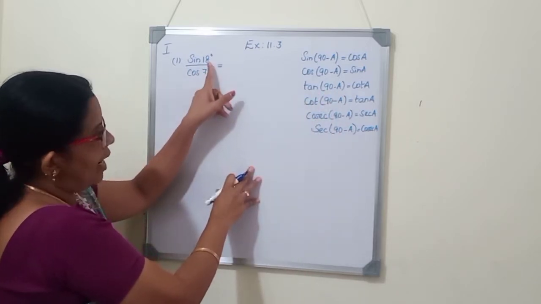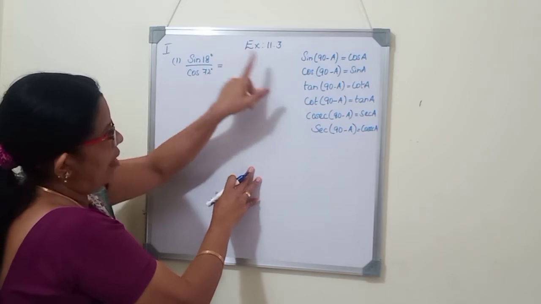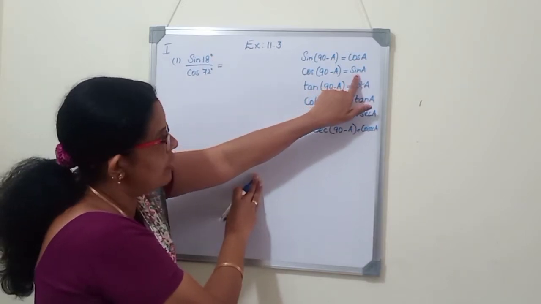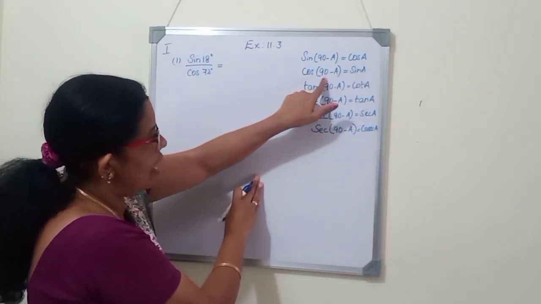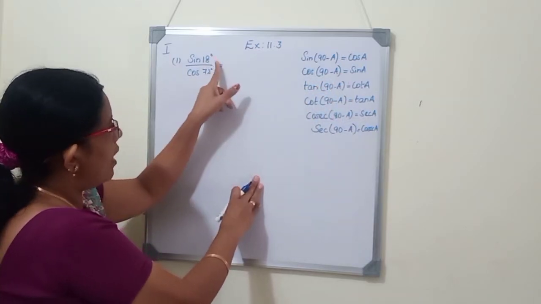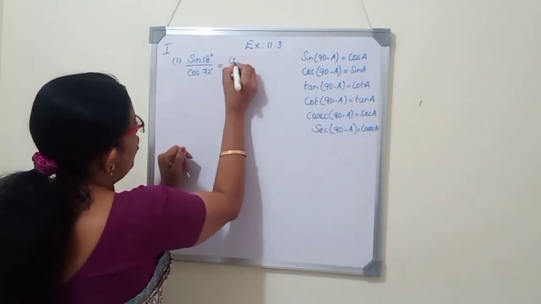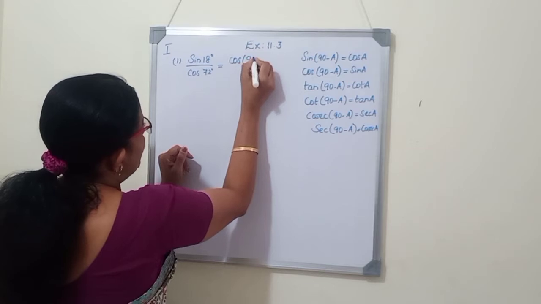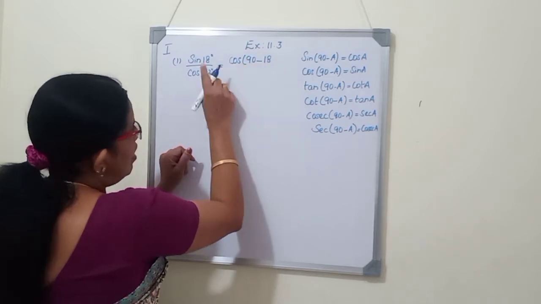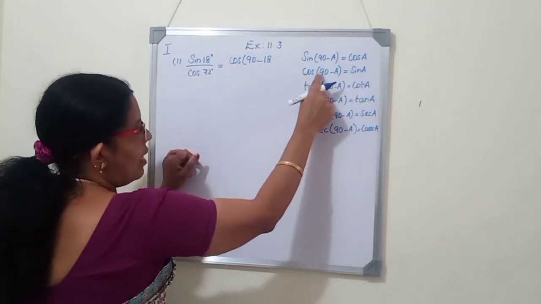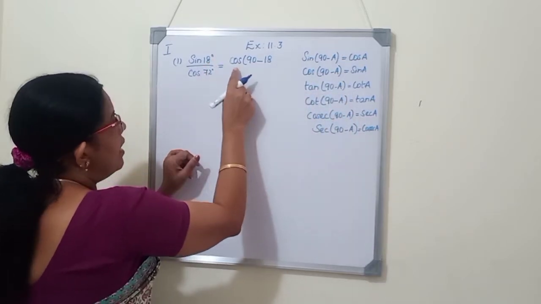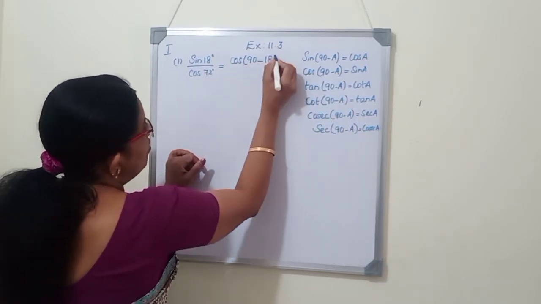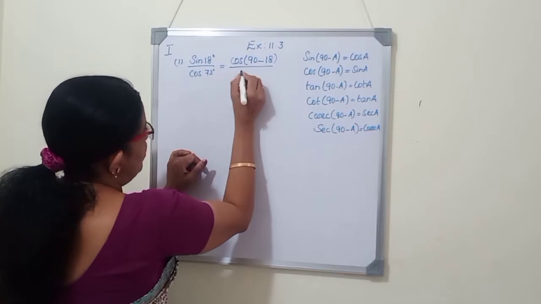If you want to change sin 18 degree, sin A, what is the formula for sin A? We have to see. Sin A is cos 90 minus A. So sin 18 can be written as cos 90 minus 18, because sin A is cos 90 minus A. Sin 18 is cos 90 minus 18, we have to write by cos 72.